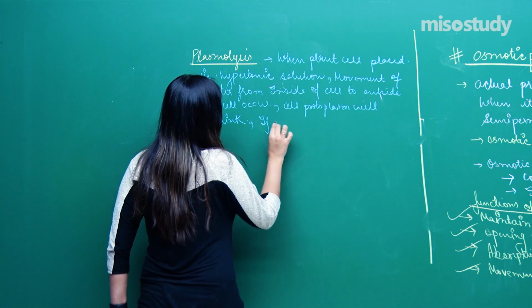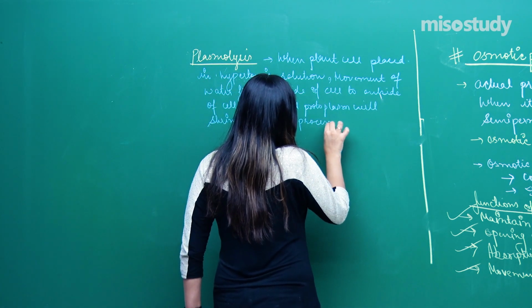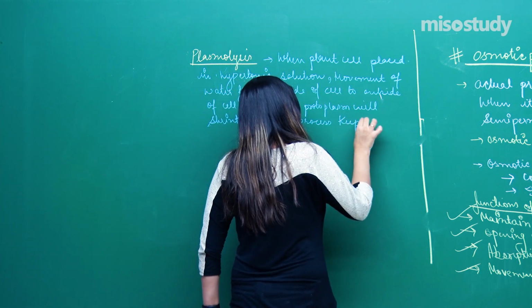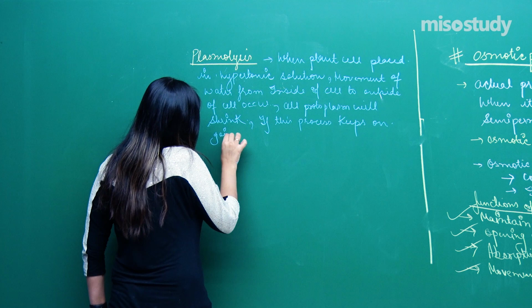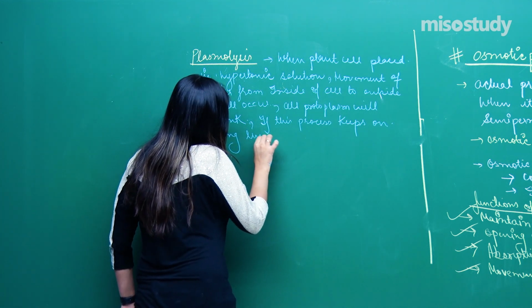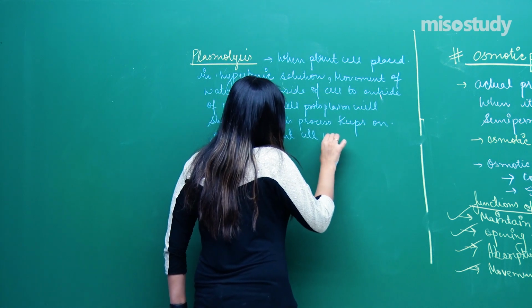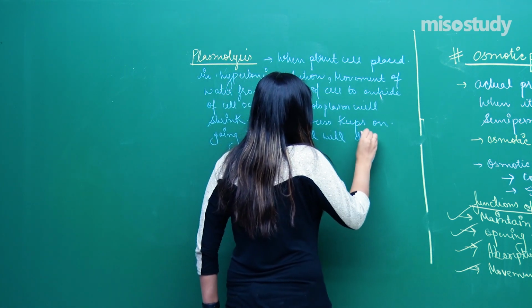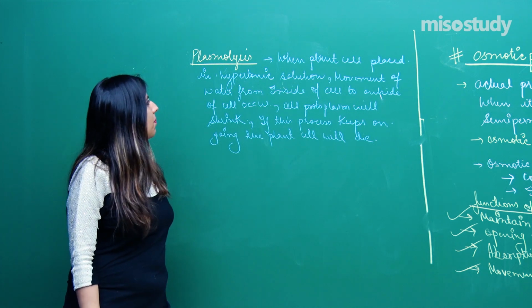If this process keeps on going, the plant cell will die. This is called plasmolysis.